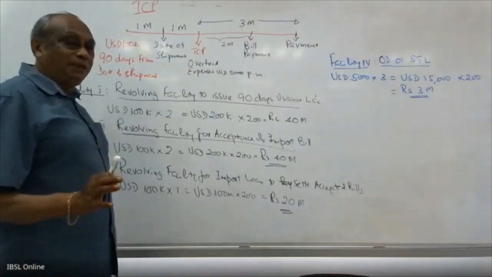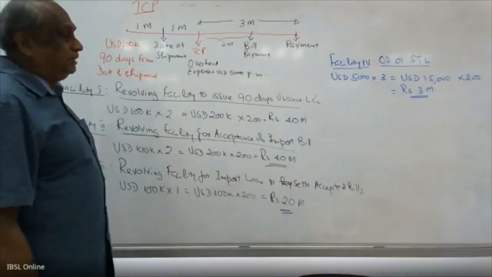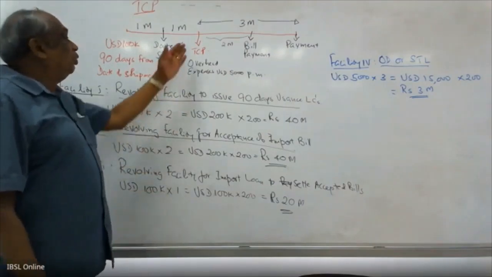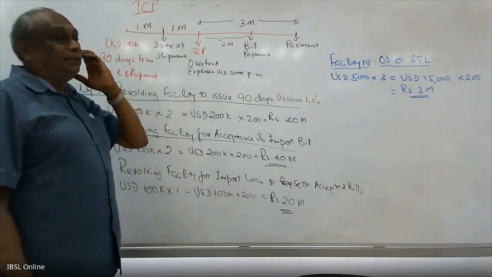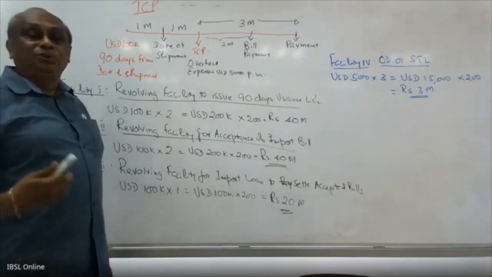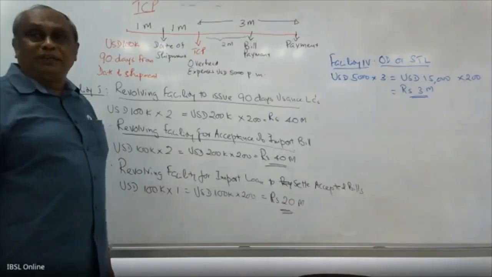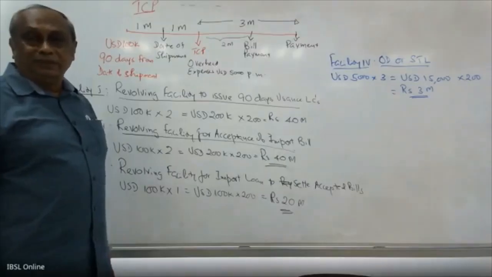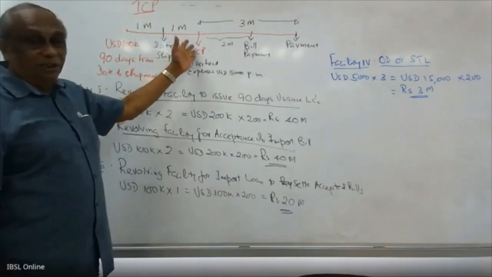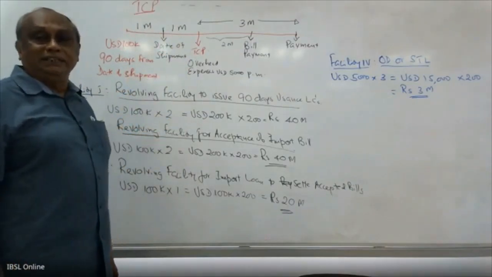From the time you open the LC? 2 months. So when you open the LC, before you get the goods, you have to wait for 2 months, right? But the second month also you have to open LC. Otherwise, your factory has to close down. And you have to continue. That is why I need 2 such facilities.